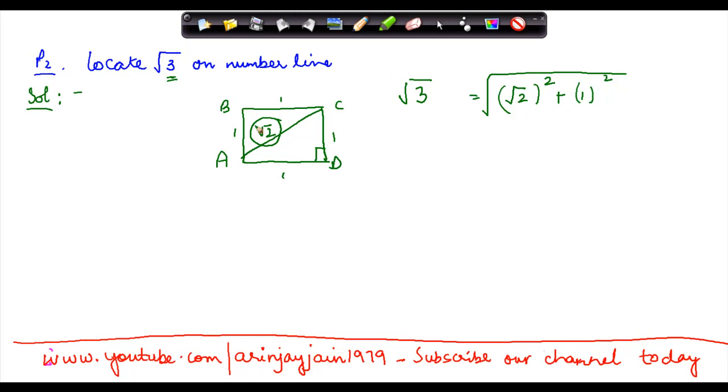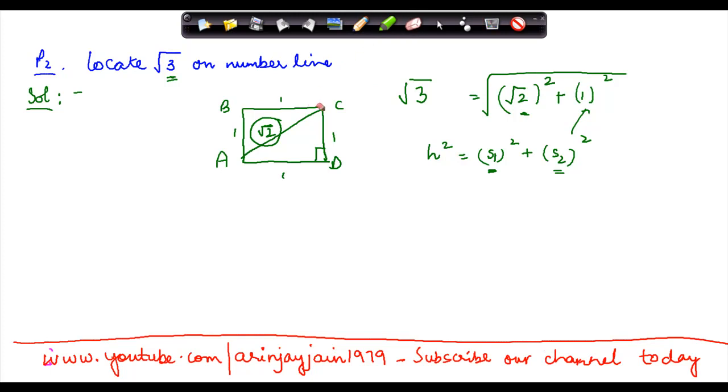The fact is that in this example, we had one side as under root 2. And again, I need to use the Pythagoras theorem, which says that the hypotenuse square is equal to side 1 square plus side 2 square. If I go by this, I already have one side which is under root 2. So what do I need? I need another side in a right angle triangle where it is 1.